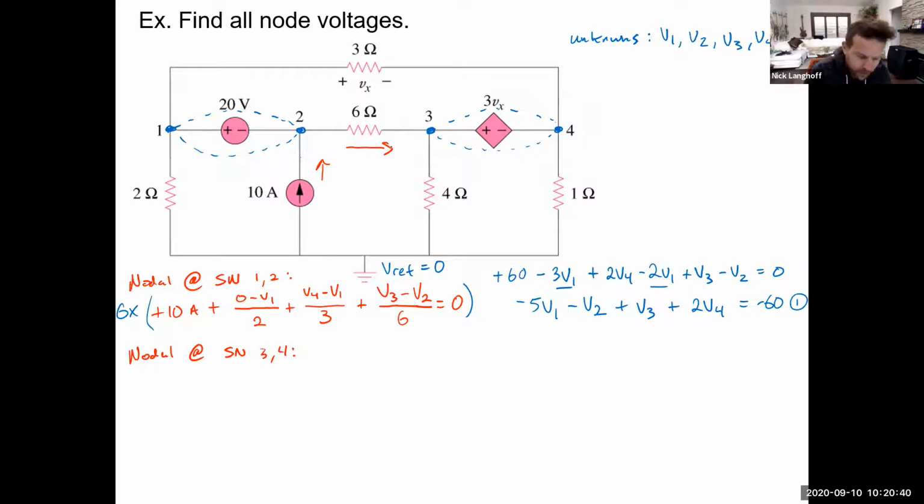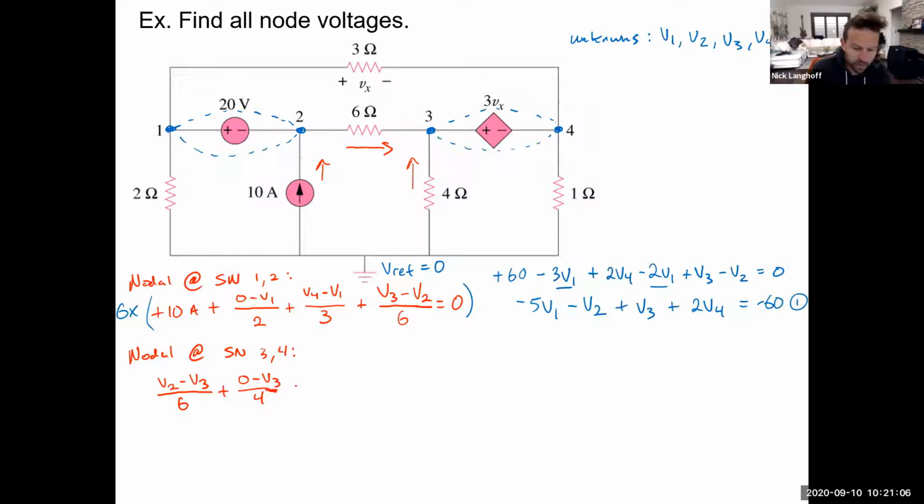So the current through that 6 ohm path is V2 minus V3, V2 is the far node, V3 is the near node of the supernode, over 6, plus, let's talk about the current coming up through the 4 ohm path. That'd be ground or 0 minus V3 over the 4 ohm resistor.